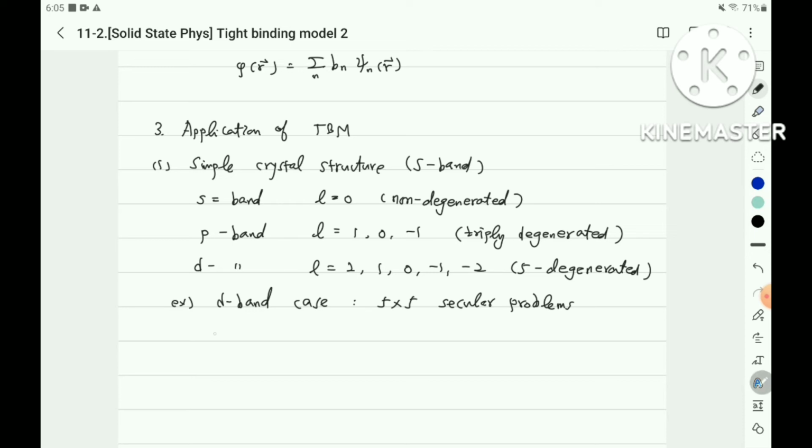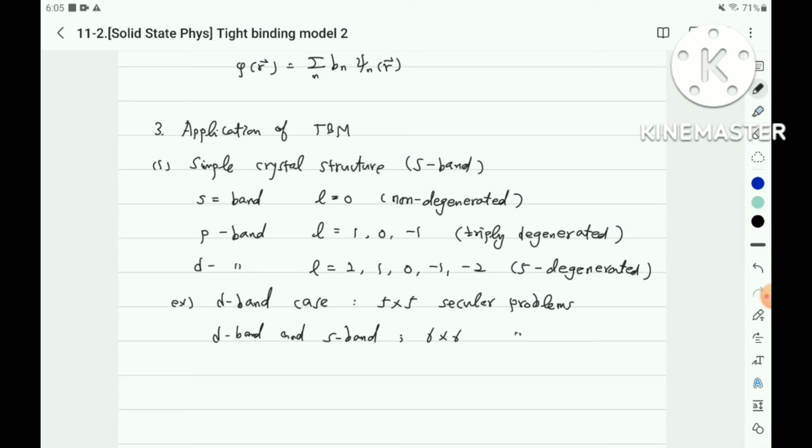For example, when the S-band is fully occupied and the D-band is partially occupied, it is a 6 by 6 secular problem, and the SD mixing or SD hybridization should also be included.